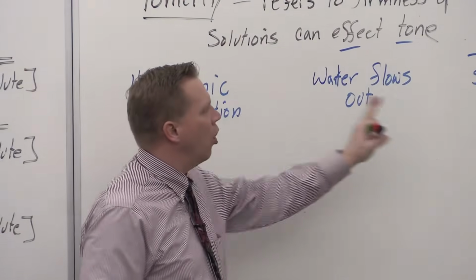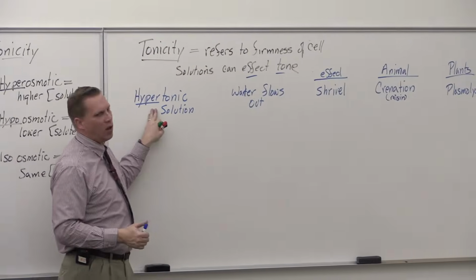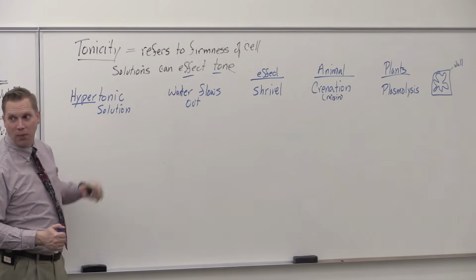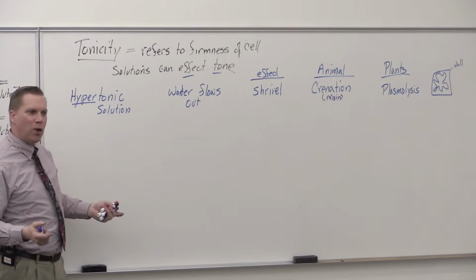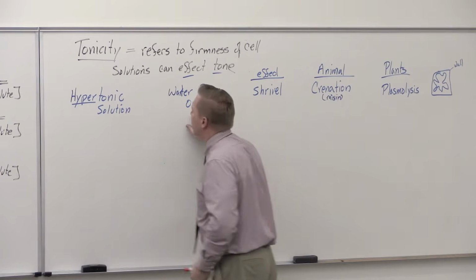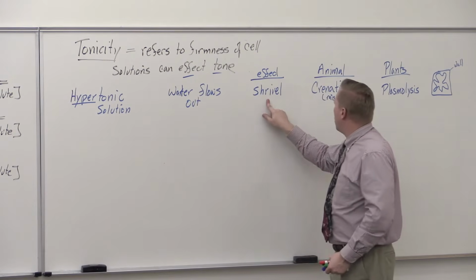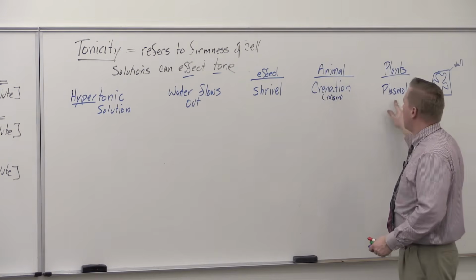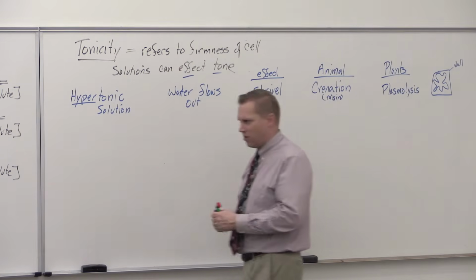So that's a few words, associations that we want to put together with this idea of a hypertonic solution. If you put the cell in a hypertonic solution, water flows out of the cell, it shrivels. In animal cells, this is referred to as crenation, and in plant cells, we call it plasmolysis.